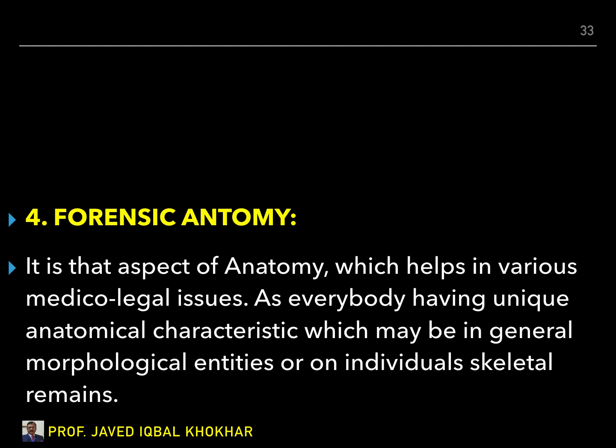Similarly, forensic anatomy, the aspects of anatomy help in various medical legal issues. Sometimes a bone is presented and we have to determine whether this bone is human, and if human, we have to determine its identity, its cause of death, its dating. So this is a very important field regarding forensic anatomy.